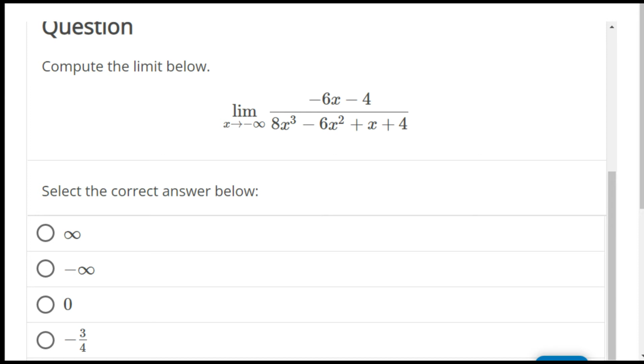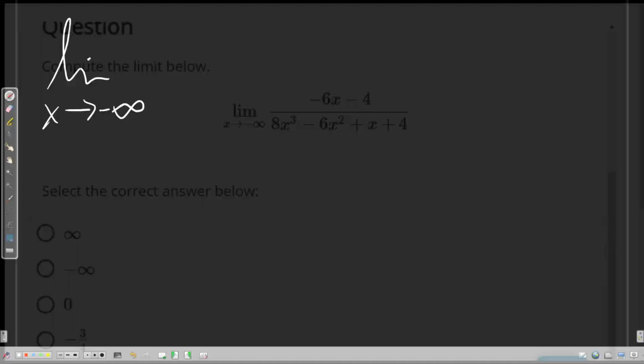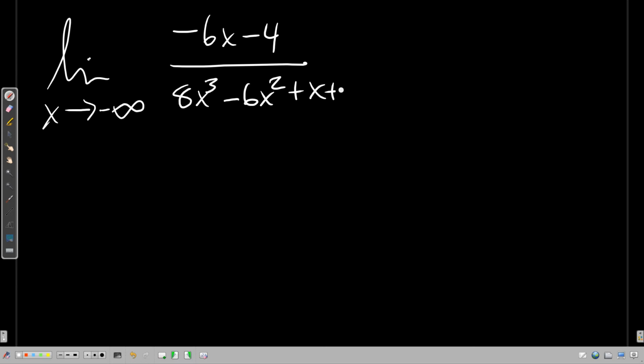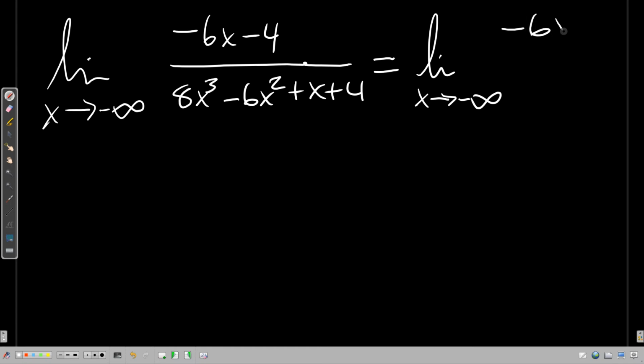So this is the limit as x goes to minus infinity of this rational function, minus 6x minus 4 over 8x cubed minus 6x squared plus x plus 4. You will want to say that this limit is equal to this new limit of a completely different function, where all I do is take all those other terms and put them in the garbage can.